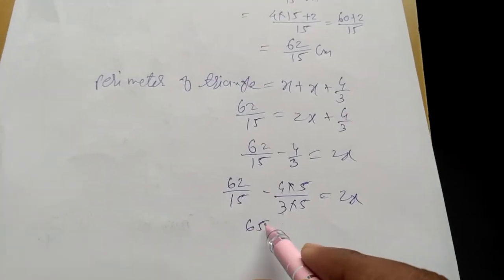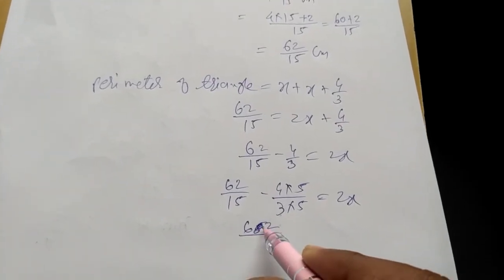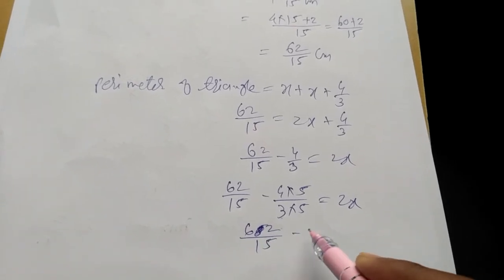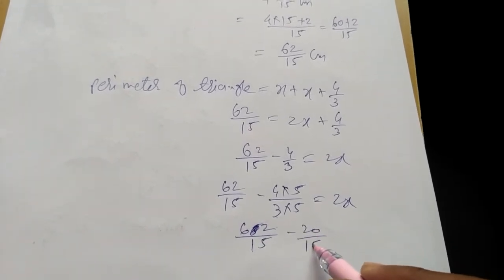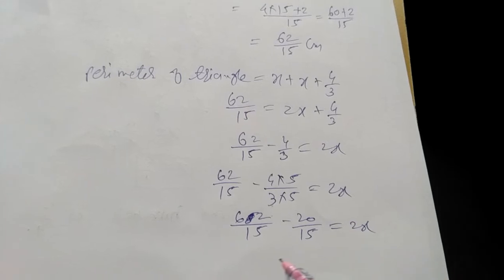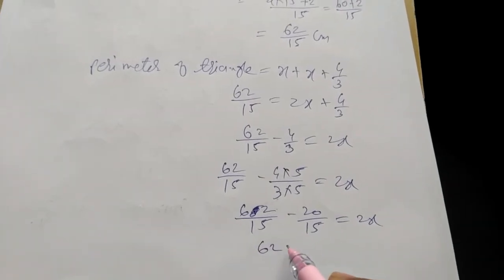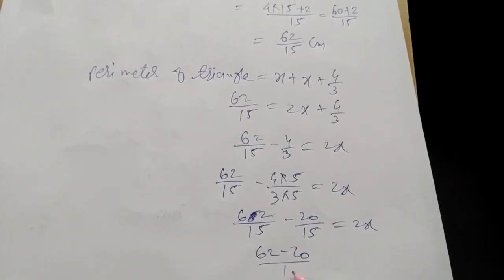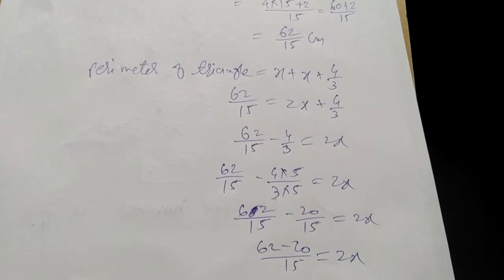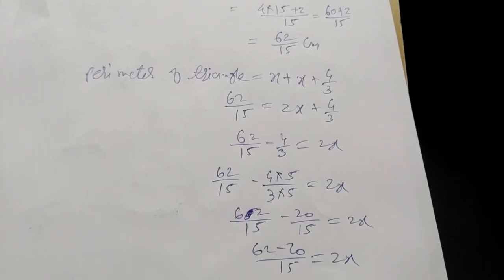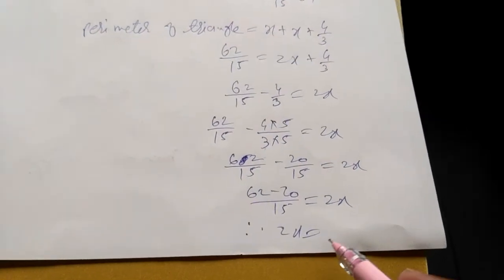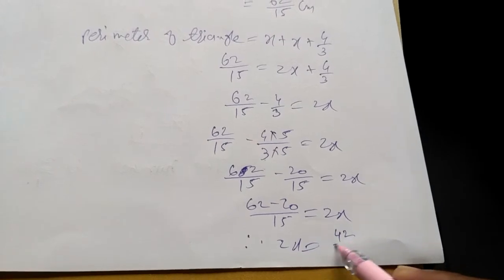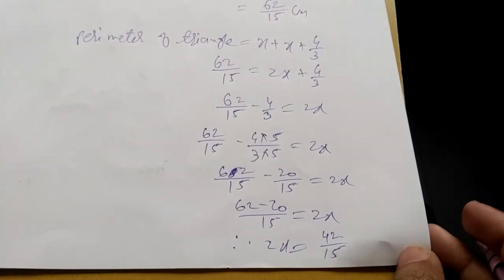Means 62 upon 15 minus 4 5s are 20 upon 15 is equals to 2x. Then 62 minus 20 upon 15 is equals to 2x. Therefore 2x equals 62 minus 20, means 42 upon 15.